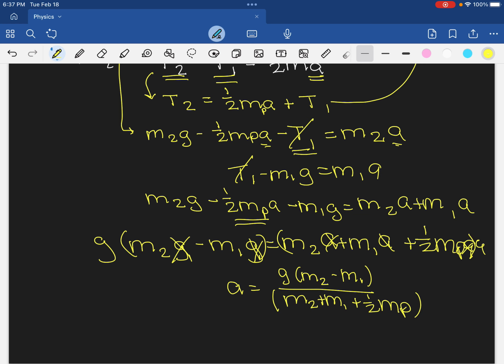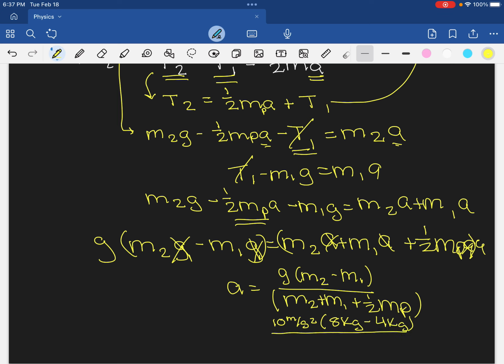If I go back and plug in all of my variables, so G is equal to 10 meters per second squared. The mass of mass 2 was 8 kilograms minus 4 kilograms.